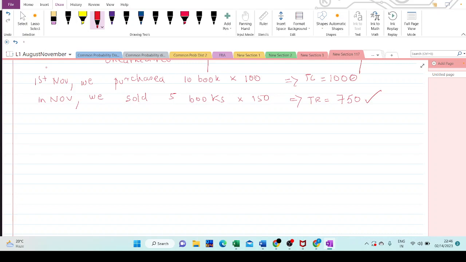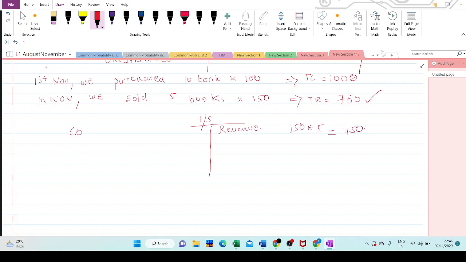So what we'll do in the income statement, obviously, we'll recognize a revenue. Revenue would be basically the price at which we sell the books into the number of books sold, right?